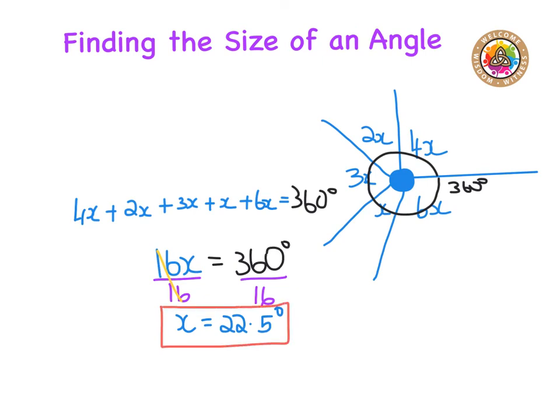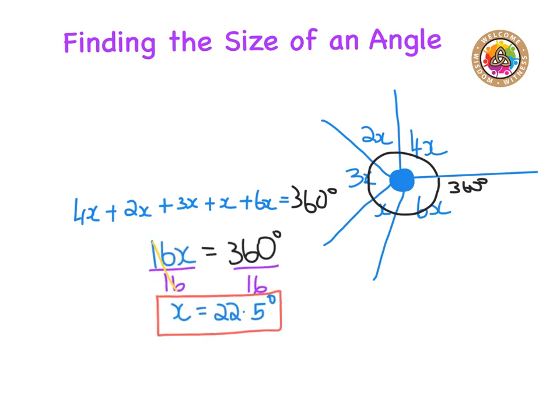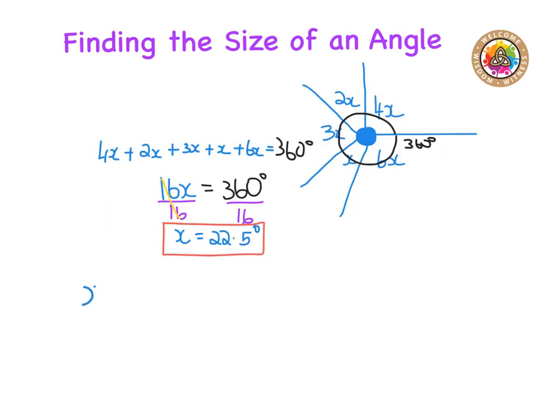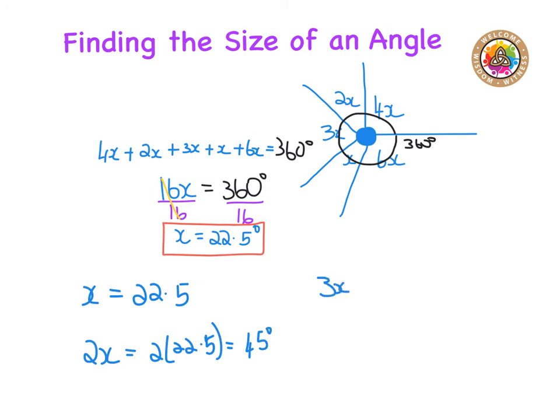Now if I'm asked to mark off the size of each angle, then I would go back and say that x is equal to 22.5, and so 2x is equal to 2 times 22.5, which is 45 degrees, and that 3x is equal to 3 times 22.5, which is 67.5 degrees.